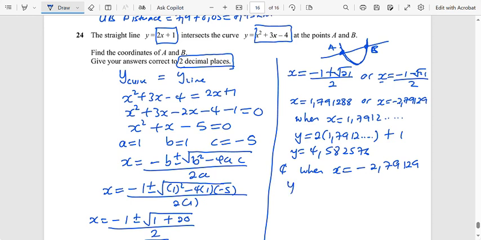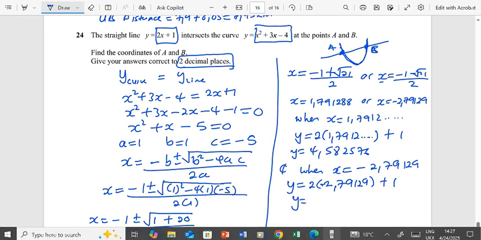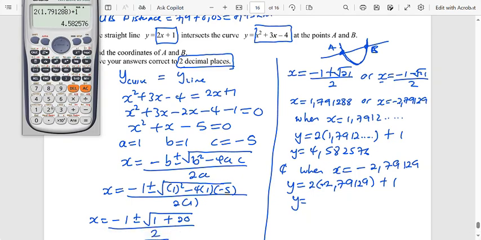And when x is equal to minus 2.79129, y is also equal to 2 of minus 2.79129, then plus a 1.